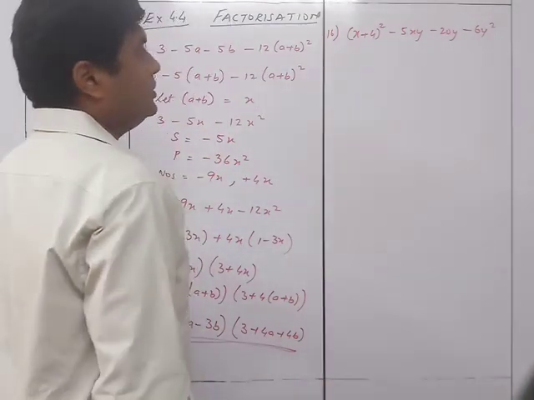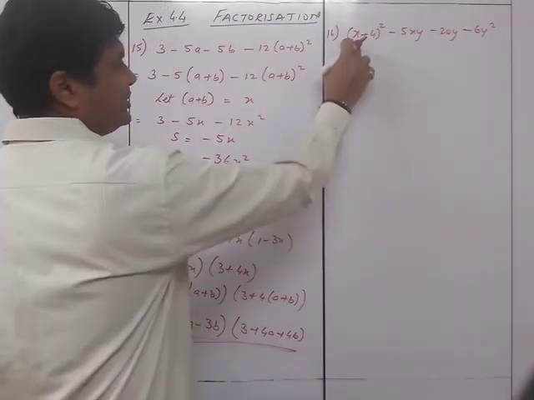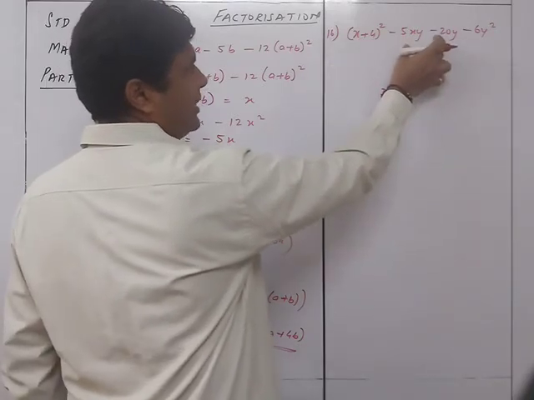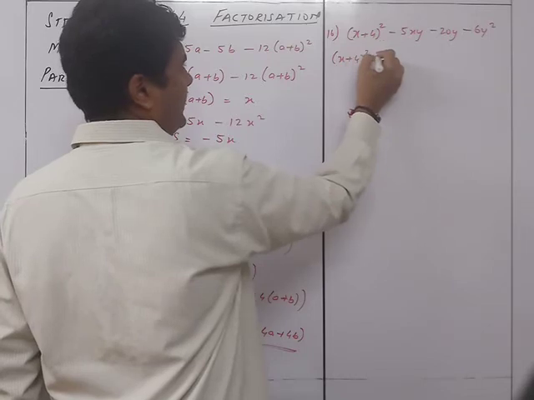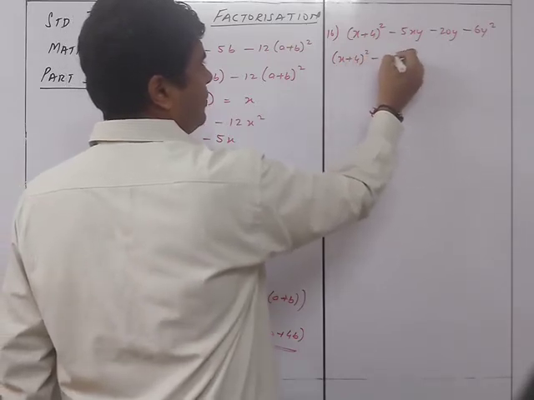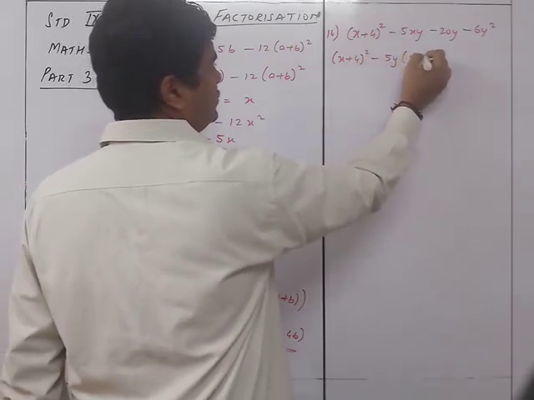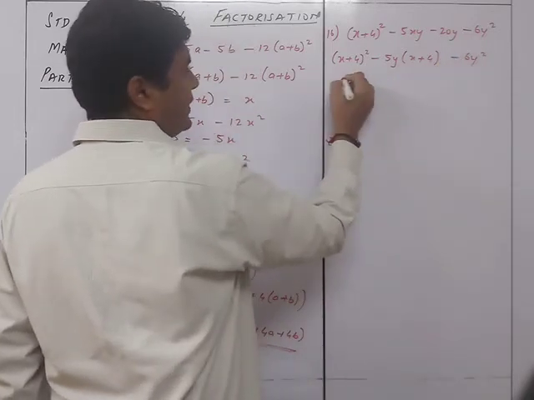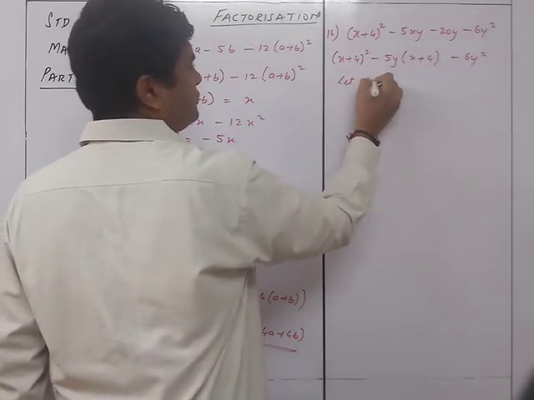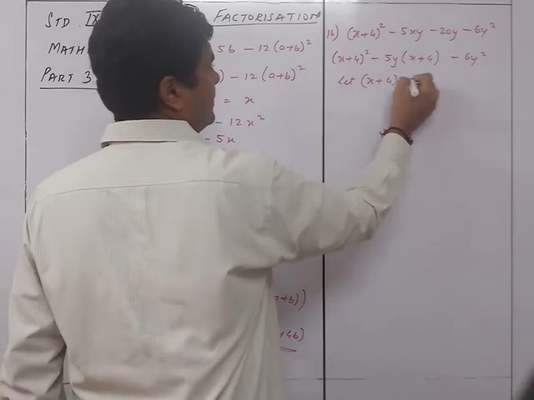Okay, so this bracket if we are able to get from here also. So let's see, this is going to be (x plus 4) the whole square minus 5y common, again it will be (x plus 4), minus 6y square. So we'll take over here that let x plus 4 is equal to a.